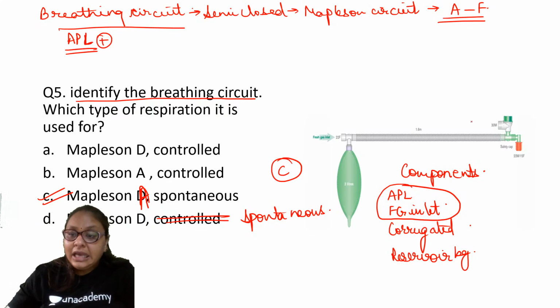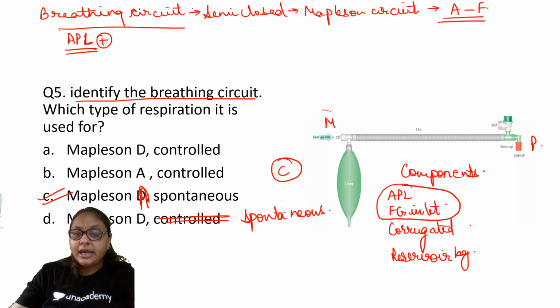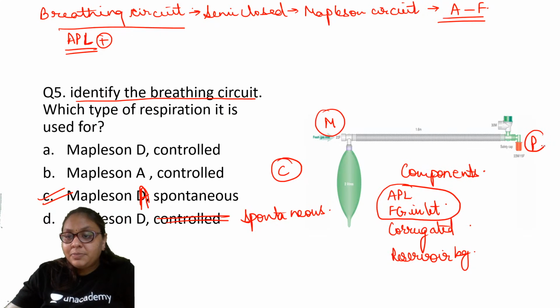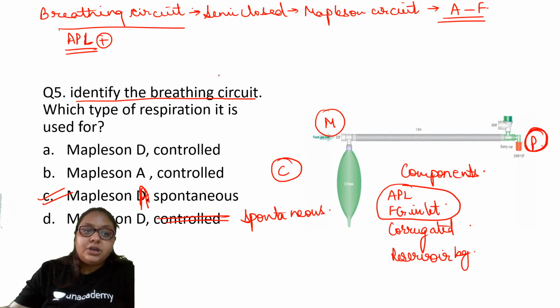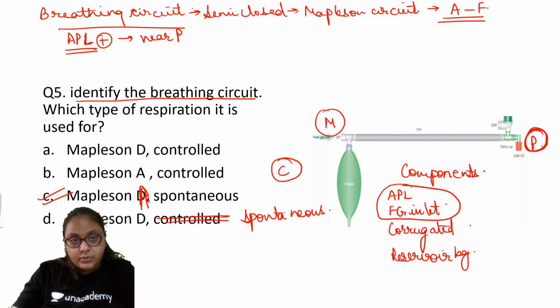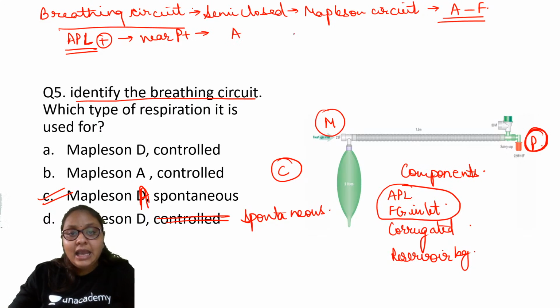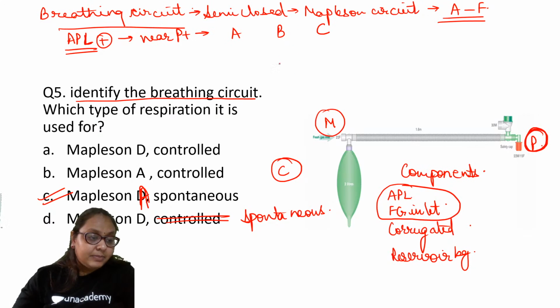This is the patient end, and this is the machine end. If the APL valve is present near the patient end, then it can be Mapleson A, B or C type.